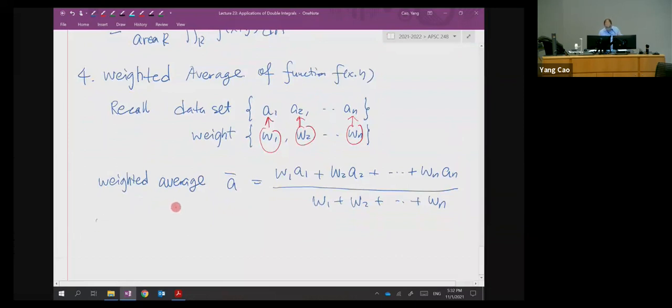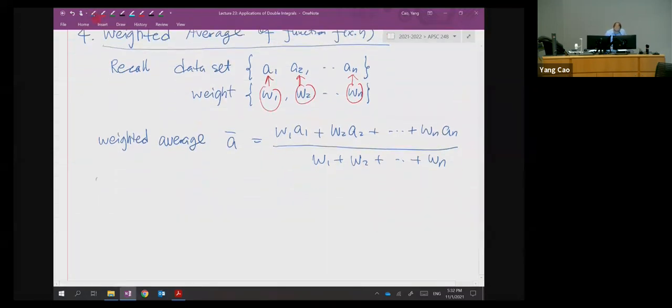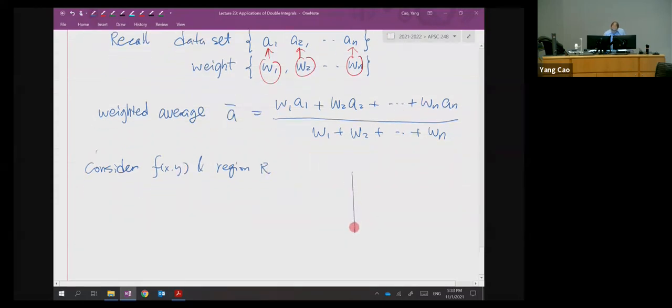So how can I relate this to a double integral concept? Remember the bullet point here is the weighted average of a function f like this. Now let's consider a function f of x y and a region R. Here's your surface, the function on top, and region R at the bottom.